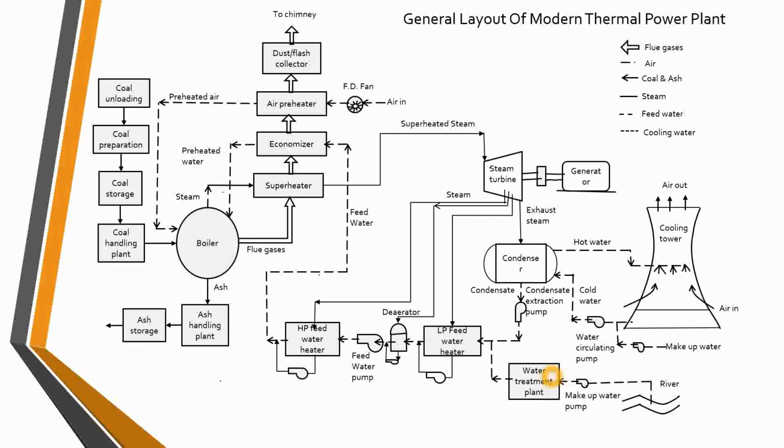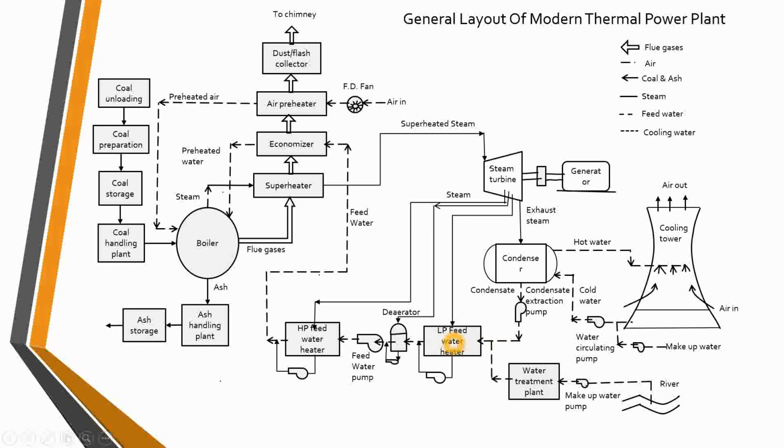Why addition of water? Because in the whole system there are so many components and there are losses, so we have to supply additional water. By this method we can add some water and maintain the mass of water in the system.